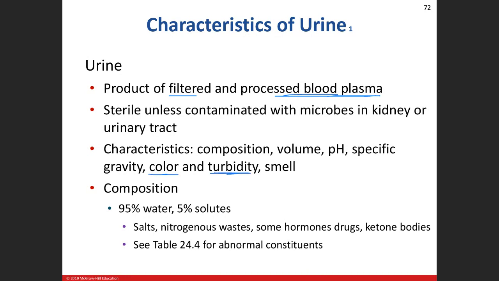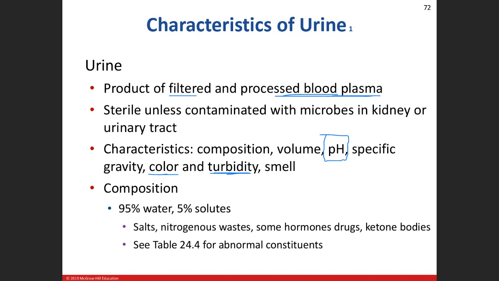Is it clear or is it cloudy? And then we'll check to see how much water is in it, and we'll talk about the specific gravity value. And then, is it acidic or is it alkaline? Meaning, is there a lot of hydrogen ions in your urine, or is there very little hydrogen ions in your urine?